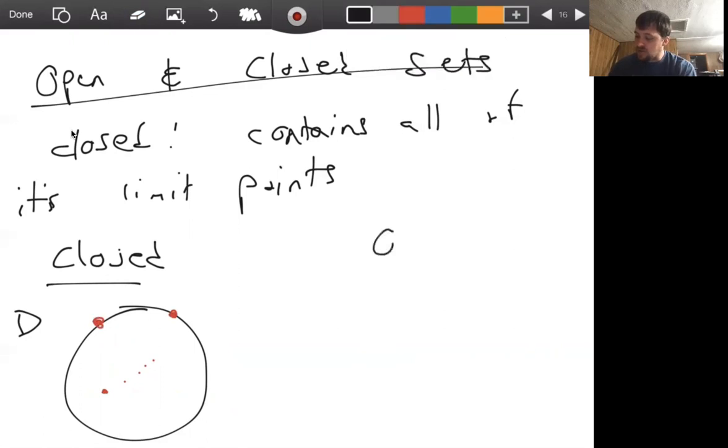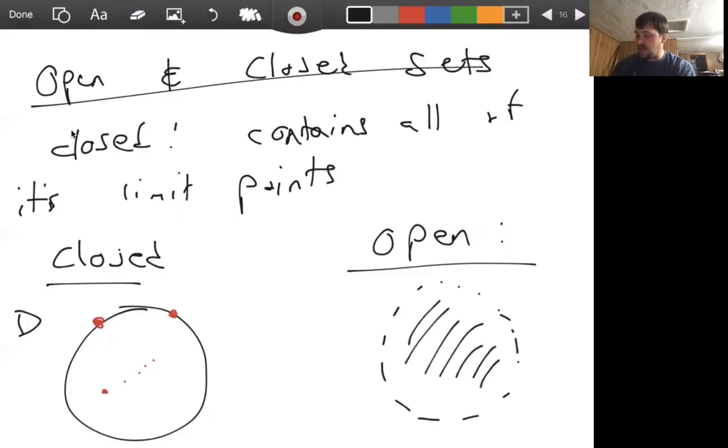Now, as an open set, imagine a disk without the boundary circle. So now we're just looking at the interior of a disk with no boundary here.